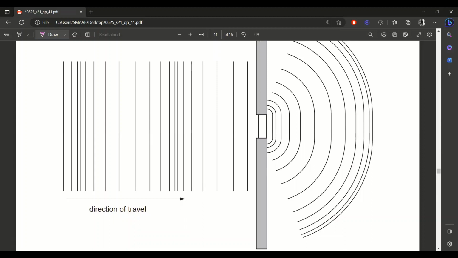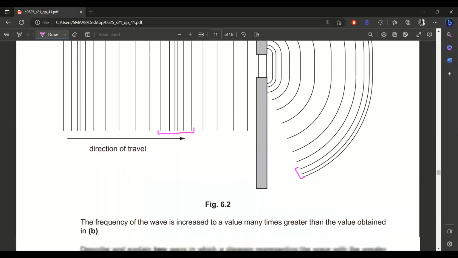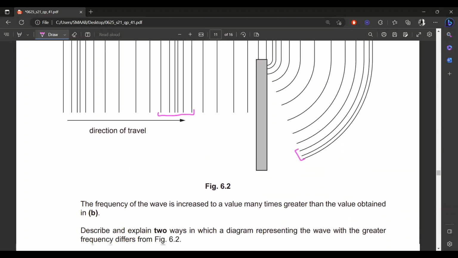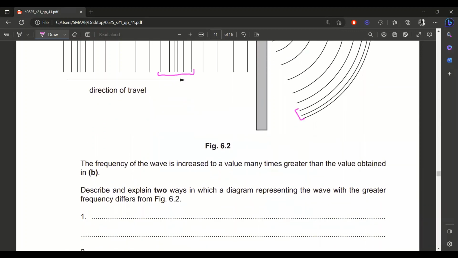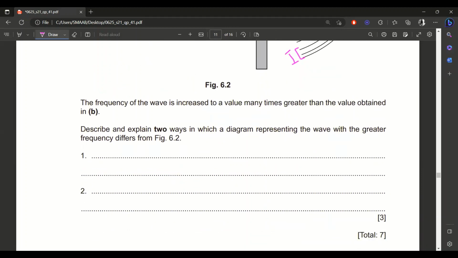So it means we need to first check the compression part. So let's suppose this is the compression, and if we compare the compression over here, you observe that the distance between the waves is now decreased, right? So the first identification is there are a greater number of waves in compression as compared to the previous part, because this length is something different as compared to this one. So now the length is short. So the first statement is either you write with the compression or with refraction.